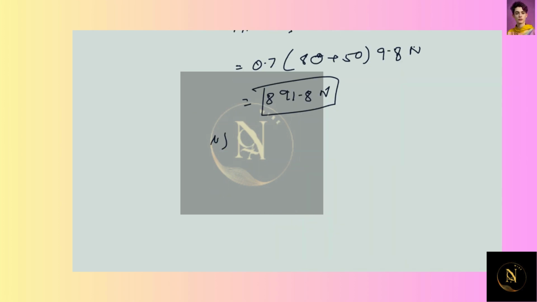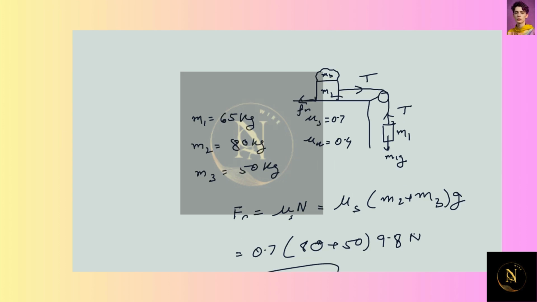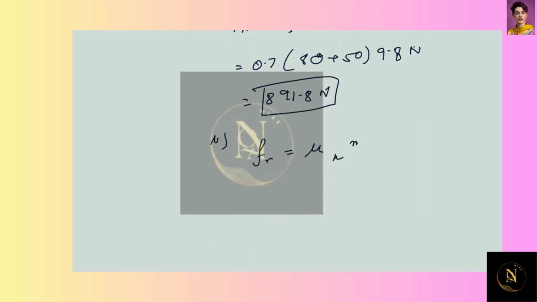And now let's calculate Fr after the bag of gravel has been pulled off, which is mu times, now this is mu k because it will be moving with some velocity, mu k times only M2g. The gravel has been pulled off. So this is 0.4 times M2 is 80, g is 9.8, and this is 313.6 Newton.